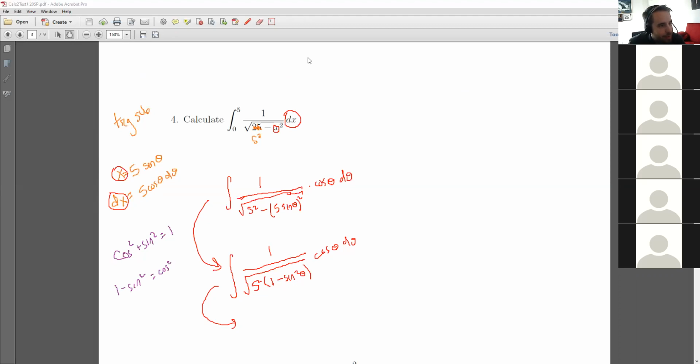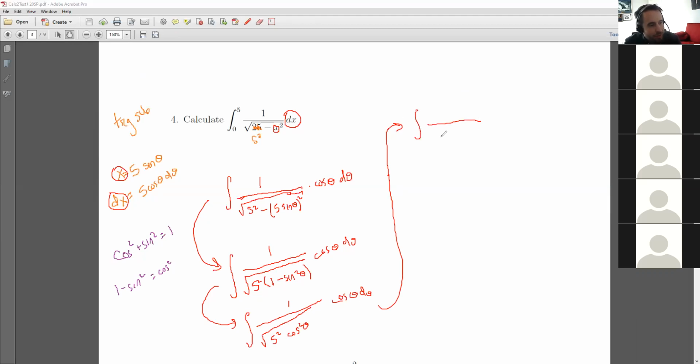So that actually becomes, after simplification, 1 over 5 squared times cosine squared of theta. We still have this cosine of theta d theta out here. And then this becomes the denominator. I can take the square root of each of those, so that becomes a 5, that becomes a cosine of theta. And then over here, I've still got my cosine of theta d theta.